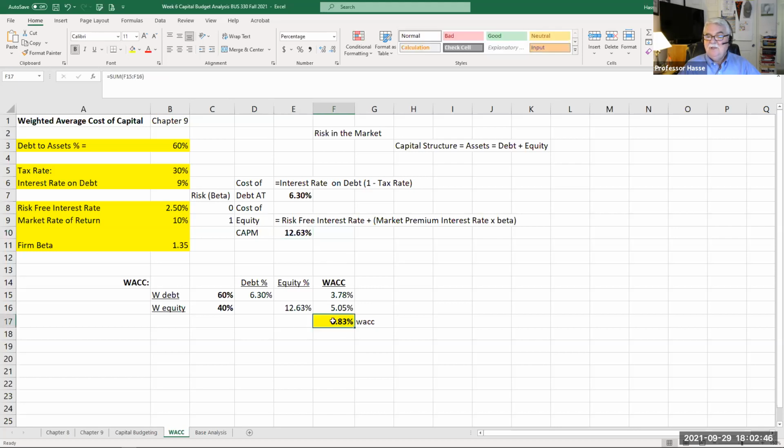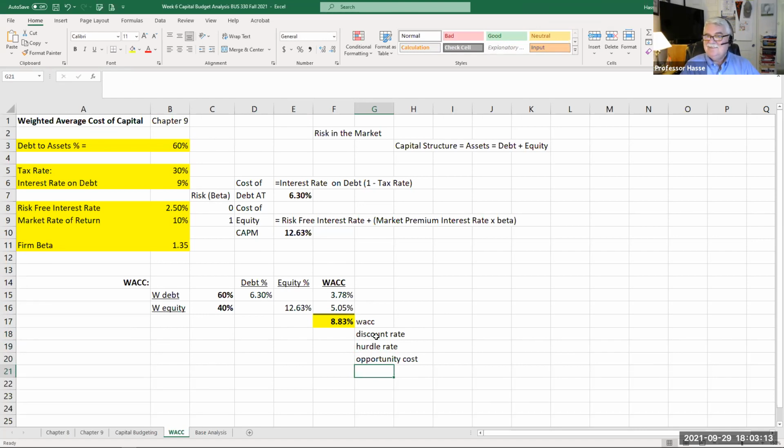Combine all those and you get our discount rate for our capital budget problem, sometimes also called the hurdle rate, sometimes called the opportunity cost. Those are different names for the same thing.